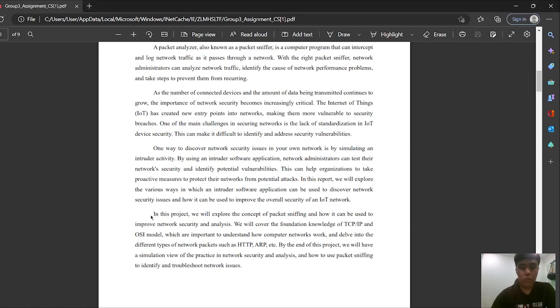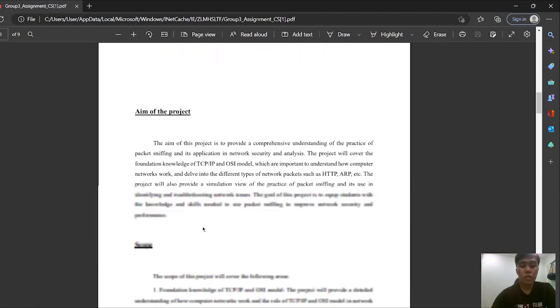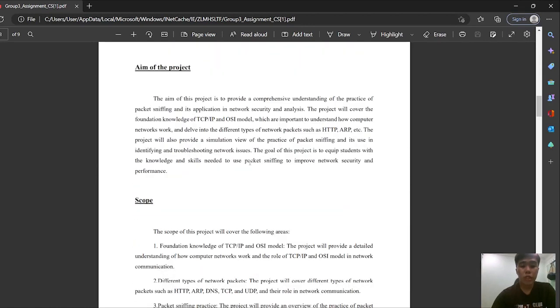In this project we will explore the concept of packet sniffing and how to use it to improve the security of the network. The aim of the project is to provide a comprehensive understanding of the practice of packet sniffing and its application in network security and analysis.